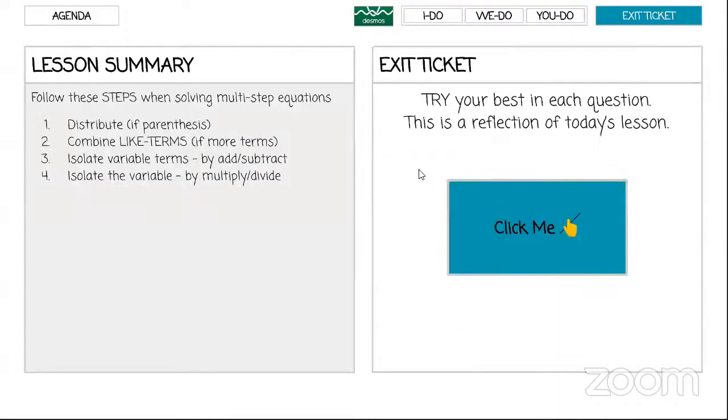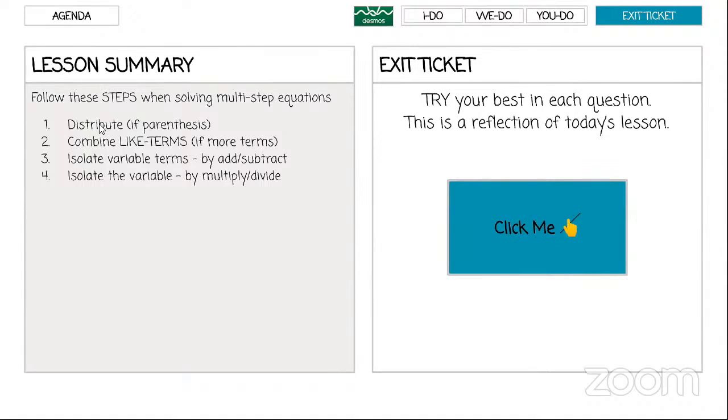So the lesson summary, it's actually these steps that we learned when we solve equations, and we call them multi-step equations because the steps are adding up. That's why we call it multi-step if there are more than 2 steps. And the first thing, if you see parentheses in the equation, you need to take care of it by distributing the number outside of parentheses.